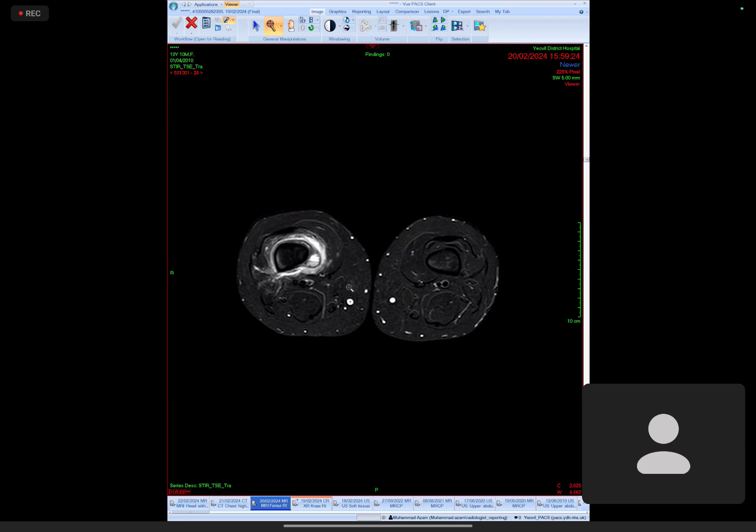So there is minimum chance of seeding, and I think this patient will benefit after the histopathological evaluation. I think this patient will benefit with a referral to a dedicated tertiary care sarcoma center for further management.